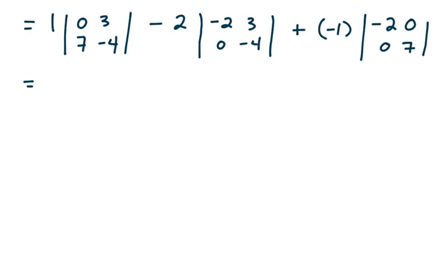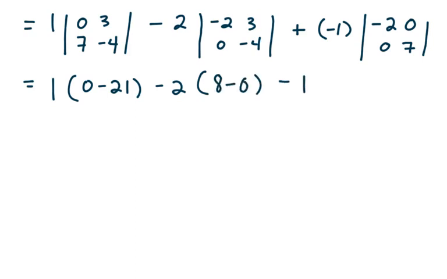So I have 1. Finding this determinant, I have 0 minus 21, minus 2. My next determinant is going to be 8 minus 0. And then I've got minus 1, this third determinant, -14 minus 0.